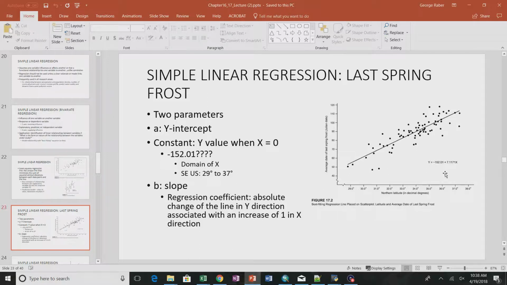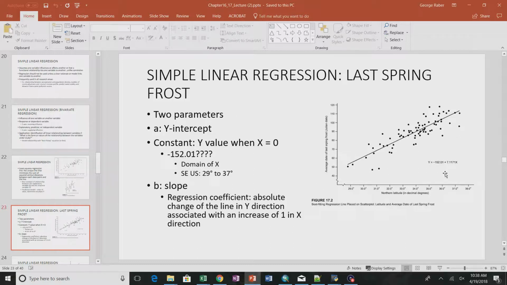So that slope tells us kind of the average rate of change of all of your values. Now, obviously, there are exceptions. Like in reality, there are exceptions. Going from there to there, or even from here to there, we're going down. Even though we went more north, the frost came a lot earlier there.